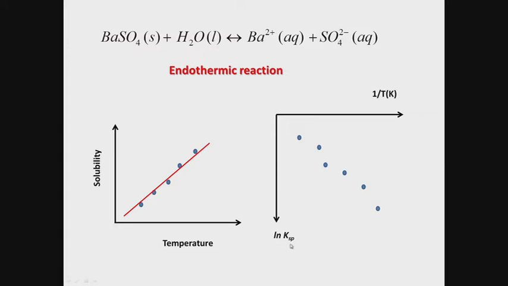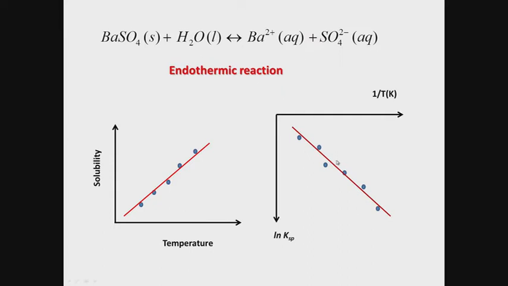Take a log of that quantity and plot it as a function of inverse of temperature expressed in degree Kelvin. So, this is how typically your data would look, and if you draw a best fit straight line through these data points, you can find out the slope of this straight line, and from the slope you can find from your knowledge of thermodynamics the delta H value for this reaction.